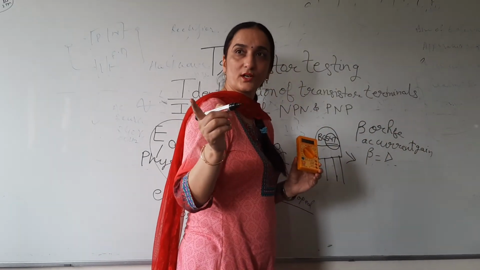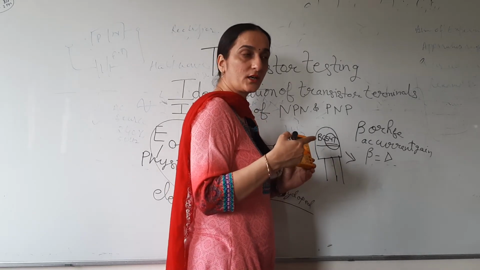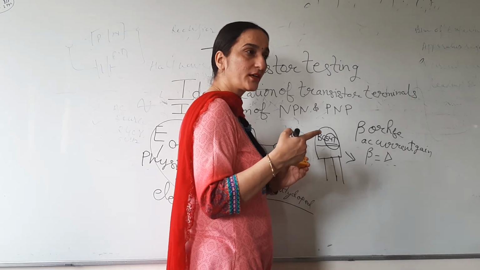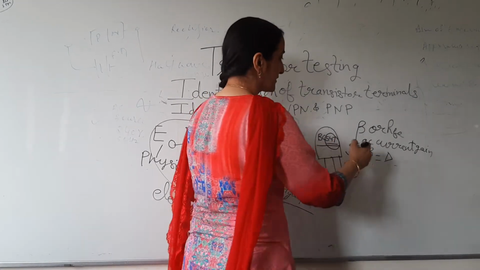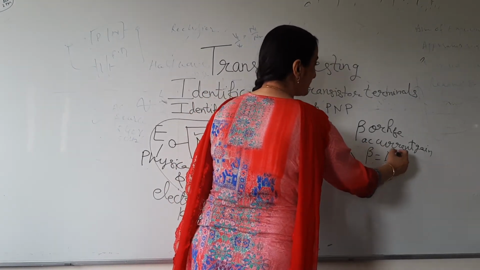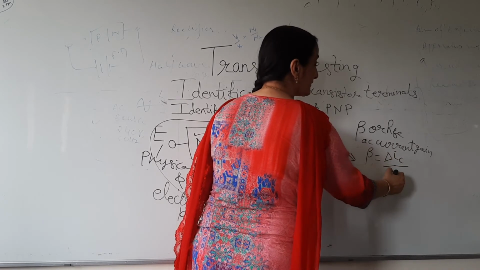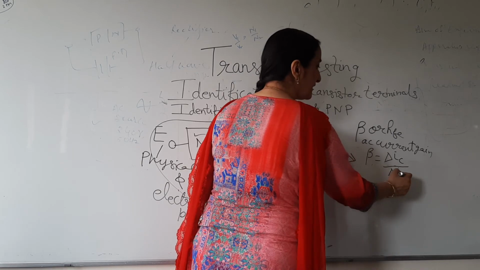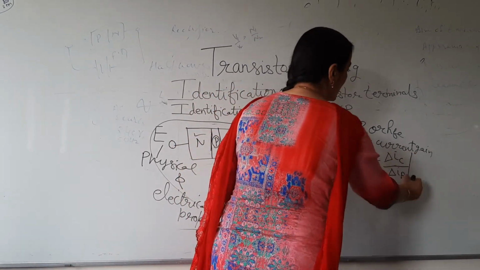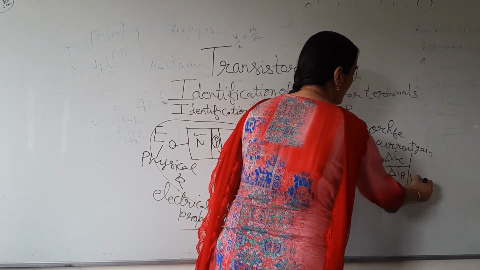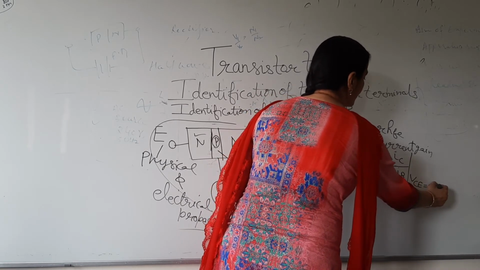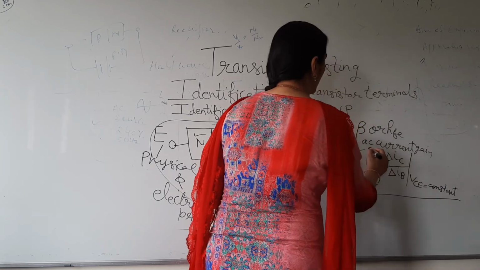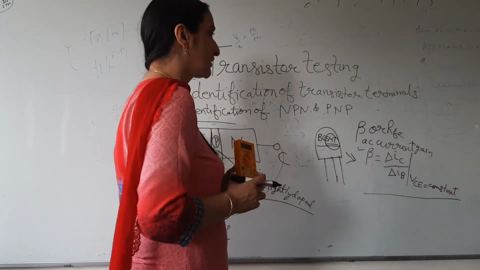Any one of you know what beta denotes? It is the current gain in common emitter configuration. It is equal to delta IC over delta IB, for a constant value of VCE. We can find it from the output characteristic curve of the transistor.